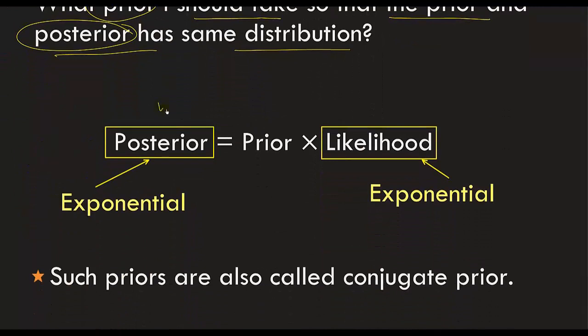This is the posterior distribution, that is the prior times the likelihood, and I am saying this likelihood is exponential quadratic, and you also need the posterior distribution to be exponential quadratic. So what kind of prior will we take?